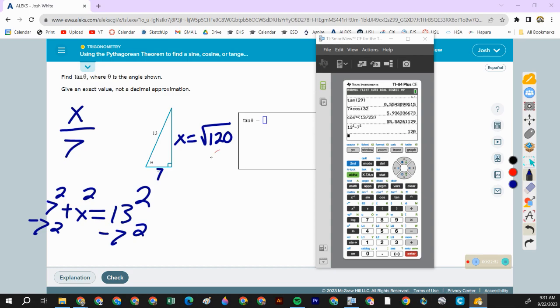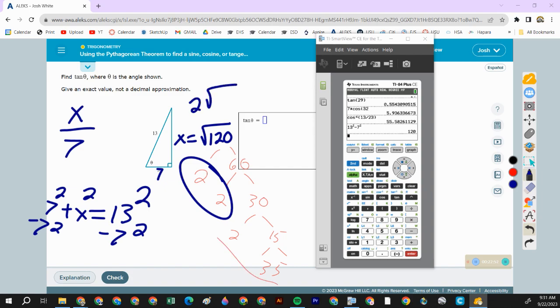So I'm just going to factor: 2 and 60, 2 and 30, 2 and 15, 3 and 5. So 2 root, what's left? 30. So what is the tangent? 2 root 30 over 7.